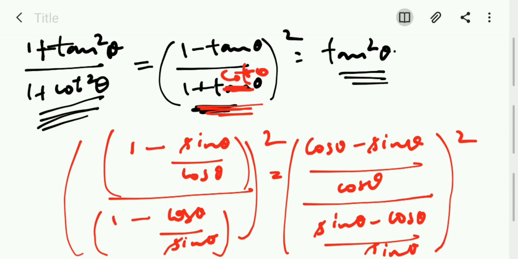Correct? Now the denominator of the denominator goes to the numerator, so you just know that sine theta goes here and this comes here. Now what do we get?